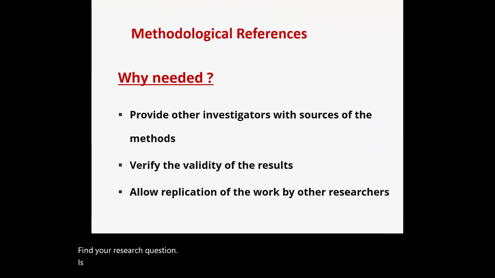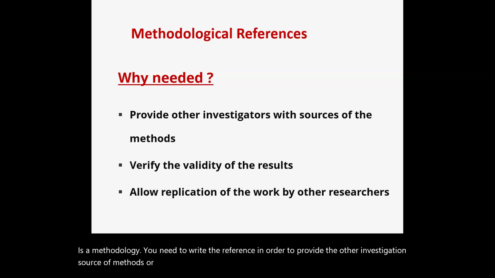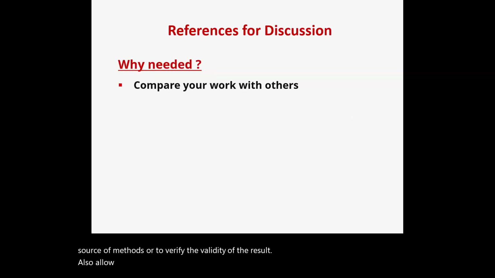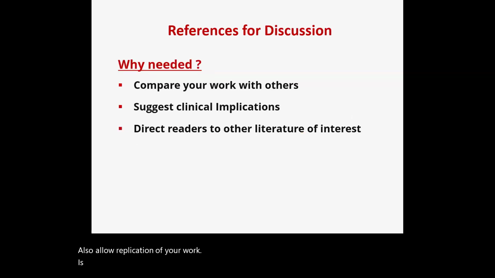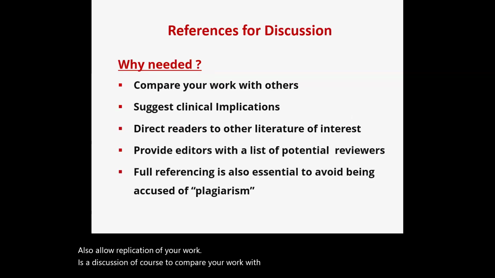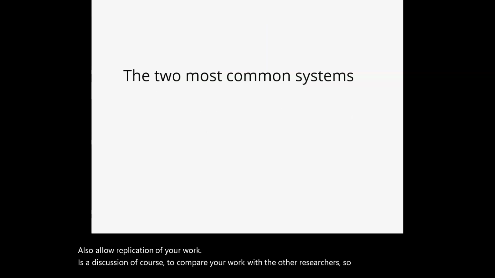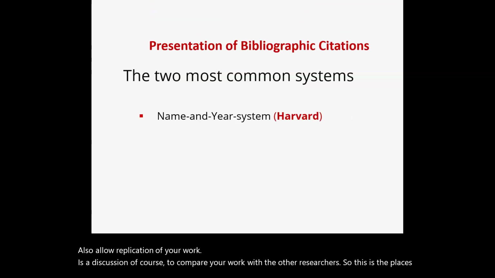In the methodology, you need to write the references in order to provide the source of methods from other investigations, to verify the validity of the result, or to allow replication of your work. In the discussion, of course, it is to compare your work with the other researchers. So these are the places where we use the references.